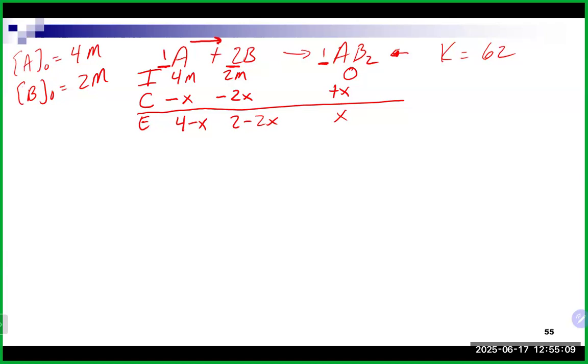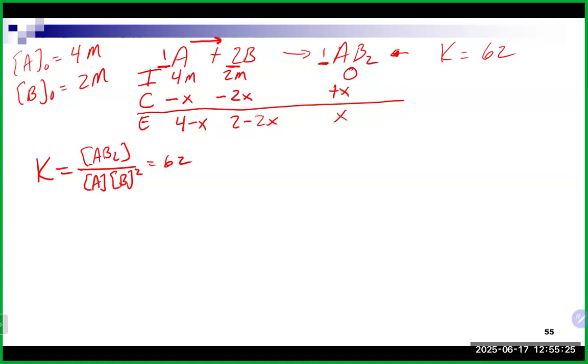We would use our equilibrium expression: K is equal to the concentration of AB2 divided by the concentration of A and the concentration of B squared, and that equals 62.